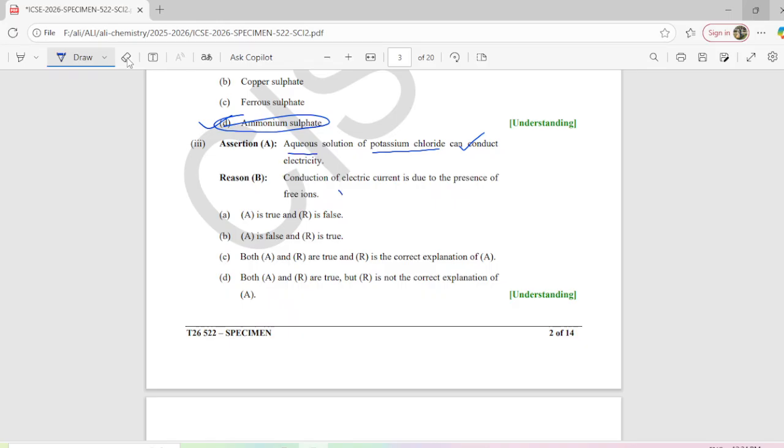Of course this is also correct. Talking about the electrolyte, the conduction of electric current is due to the presence of free ions. So both the statements are correct and the reason is the correct explanation for assertion A. So option C is the correct answer for this.